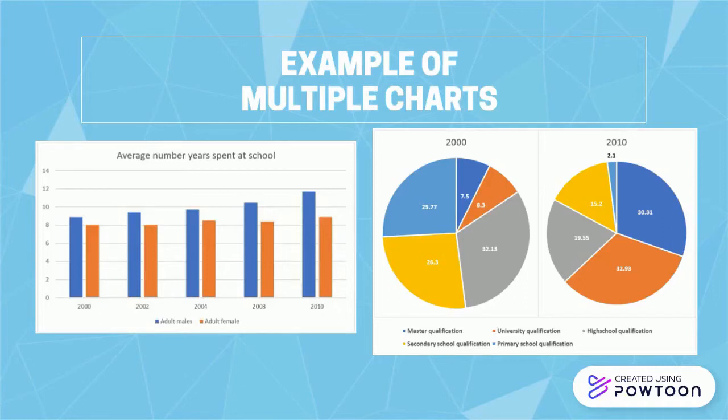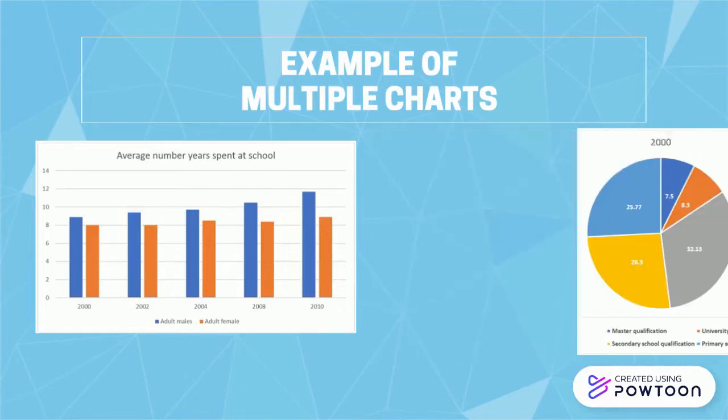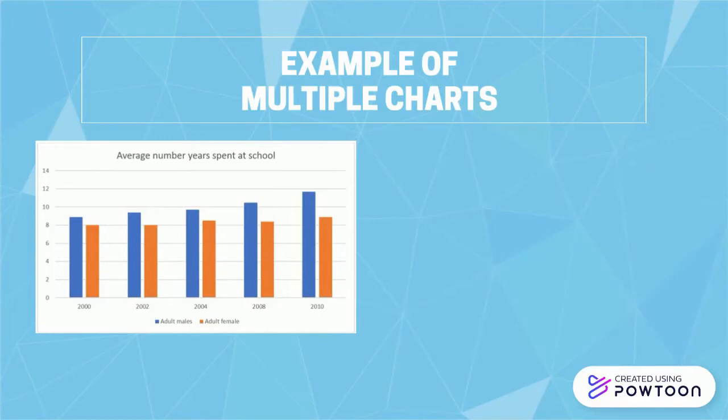Now you can see from this picture, the first picture shows us in 2000, the blue chart is adult males, and the orange one is adult females. Now let's see that from year to year, the adult males' number of years of school increased from 2000 to 2010.